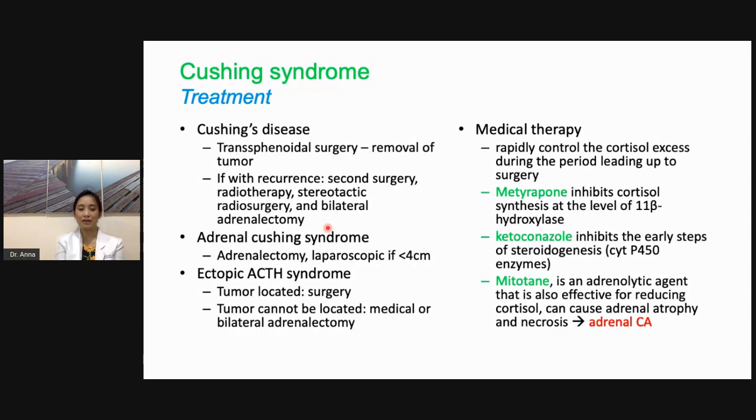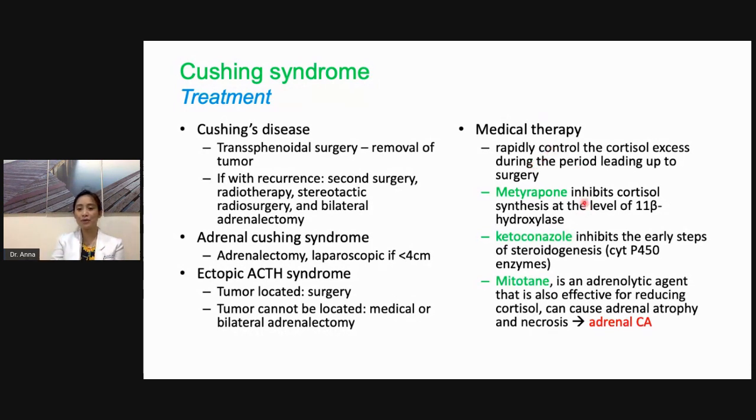In ectopic ACTH syndrome, of course, once you locate the tumor, if it's in the lungs, you do surgery. If it cannot be located, then you can do medical therapy. There are also some medicines that can suppress cortisol synthesis and secretion, or do a bilateral adrenalectomy. Medical therapy can rapidly control the cortisol excess during the period leading up to surgery.